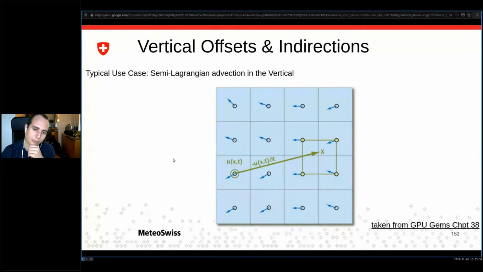What you do to advect a quantity on a velocity field is just the following. You travel backwards in time, so to speak, along your current velocity. You end up somewhere, and then you use some sort of interpolation of the quantity you want to advect onto that point, and then just copy it to that point here to move it forward in time.